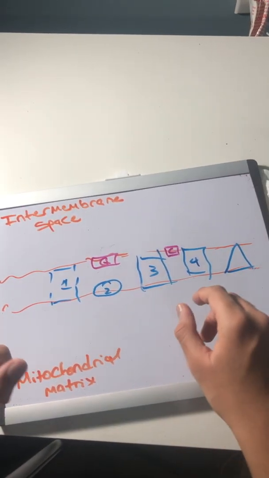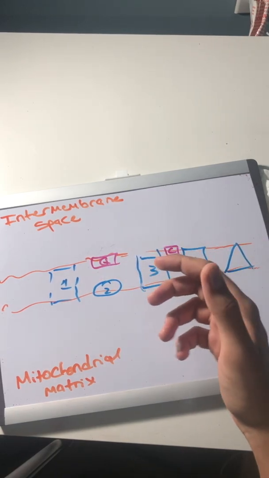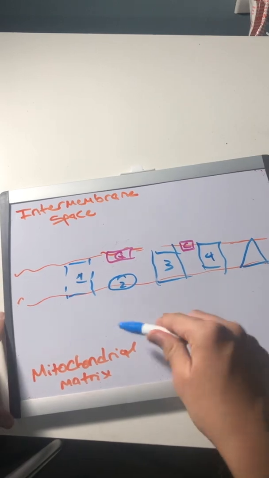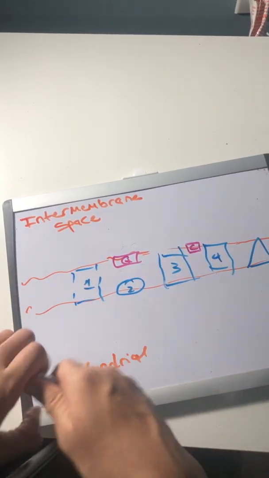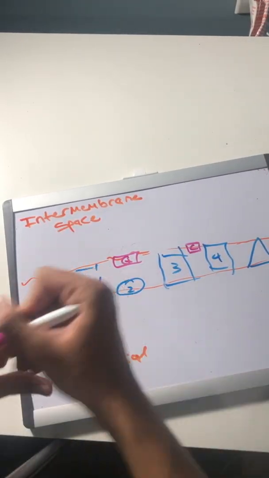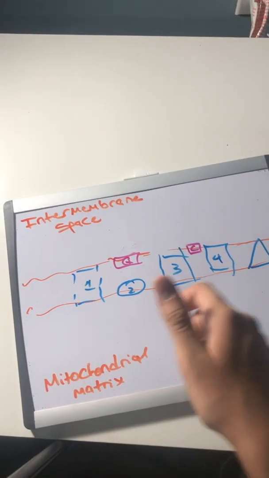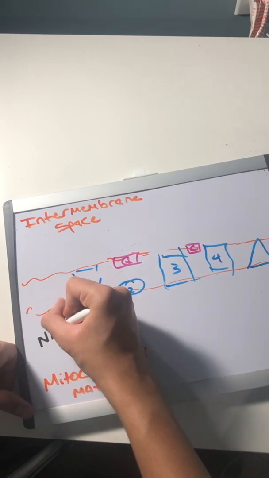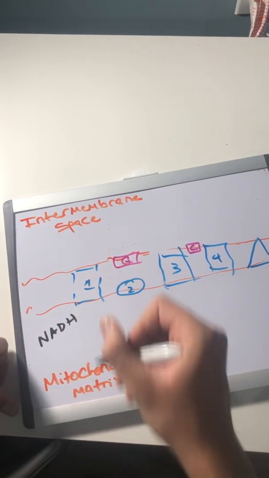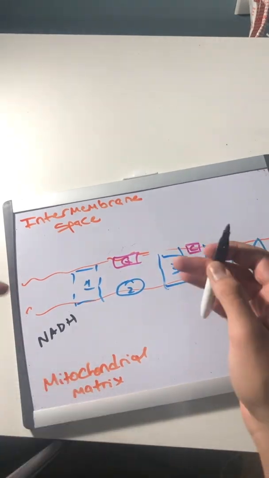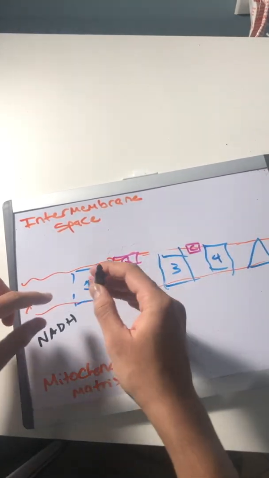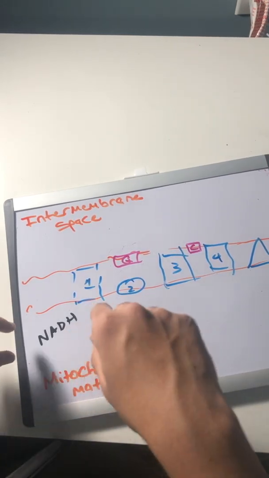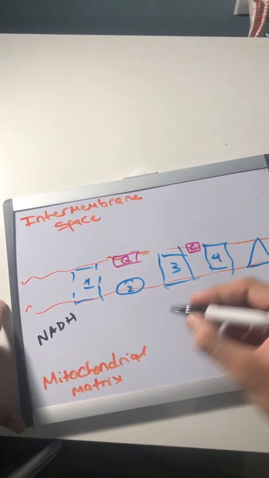So let's go through the process. From the Krebs cycle or TCA cycle, what did we find out? We found out that NADH, which is an electron carrier, gets passed down from the Krebs cycle.